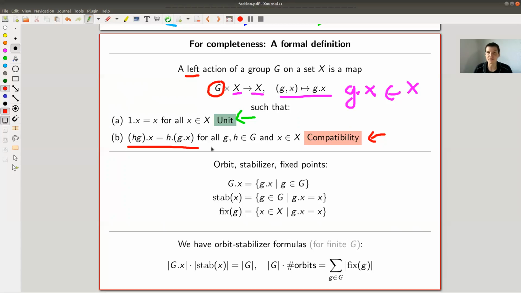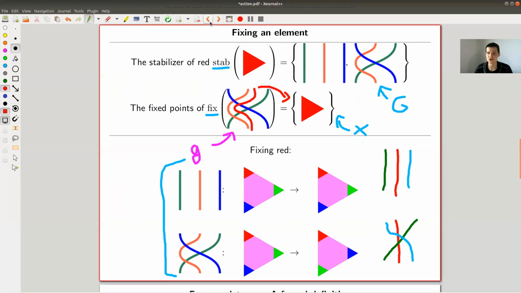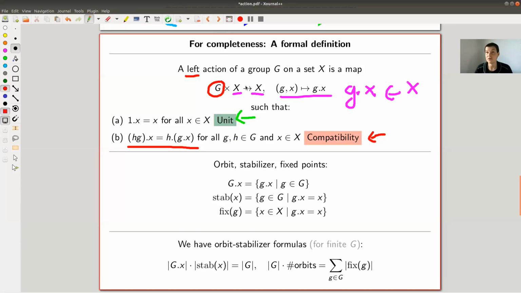If you act on something smooth, then you might want your group action to be smooth in a certain sense, and so on. But the underlying definition for a set without any extra structure is just this: unitality and compatibility. That's it. And of course, everything I showed you up to this point falls under those two criteria.